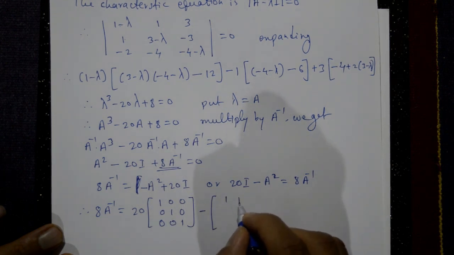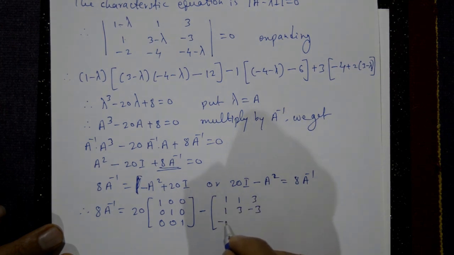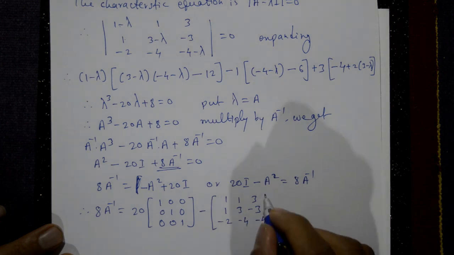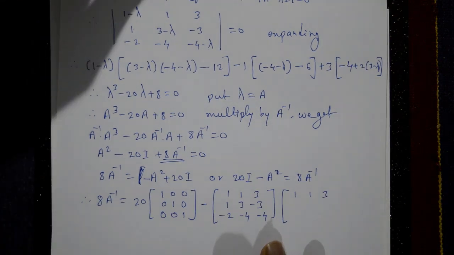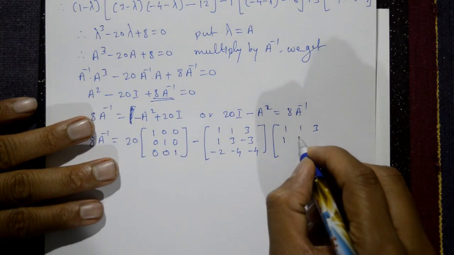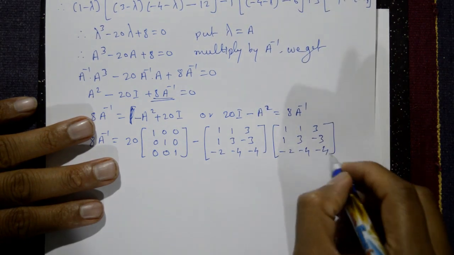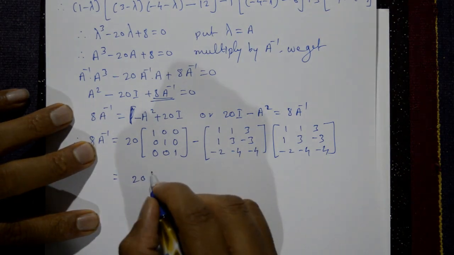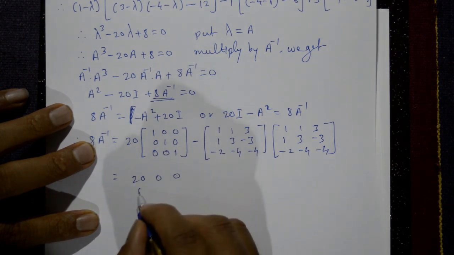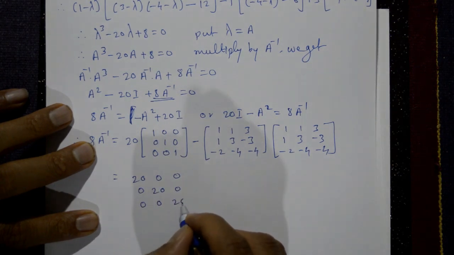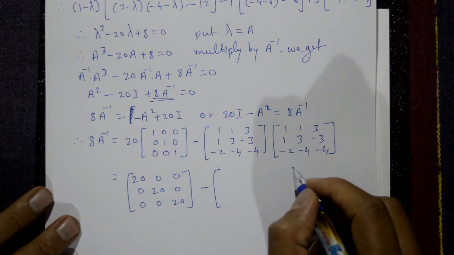A is given as 1 1 3, 1 3 minus 3, minus 2 minus 4 minus 4, into again A, 1 1 3, 1 3 minus 3, minus 2 minus 4 minus 4. Multiply each one: 20 0 0, 0 20 0, 0 0 20, minus the matrix multiplication.